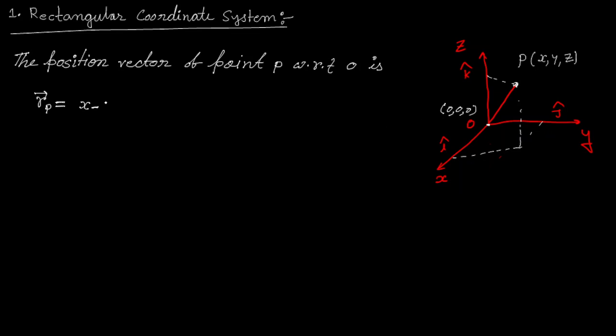So we write 0, and then multiply by the unit vector along the x-axis, that is i cap.